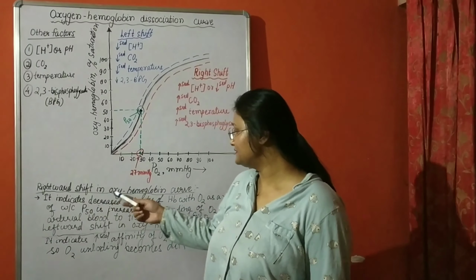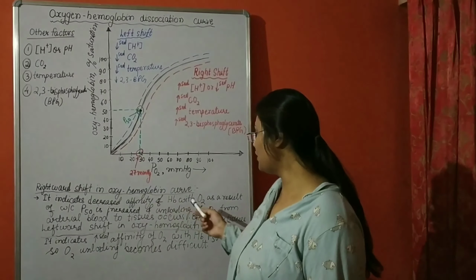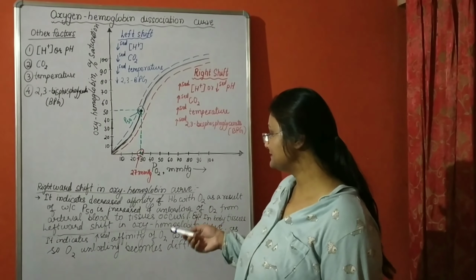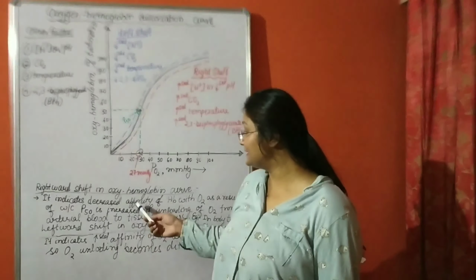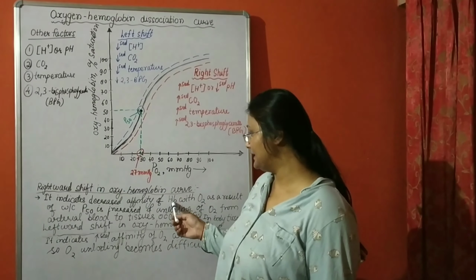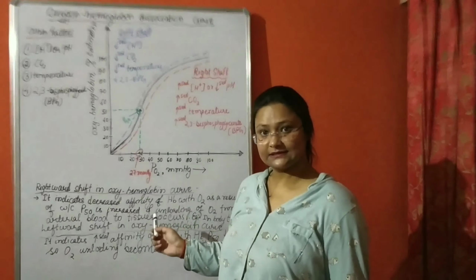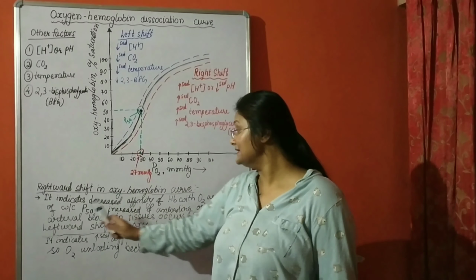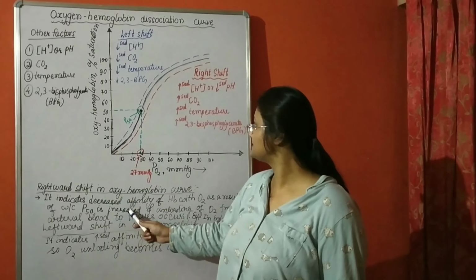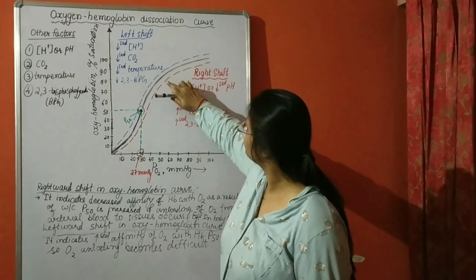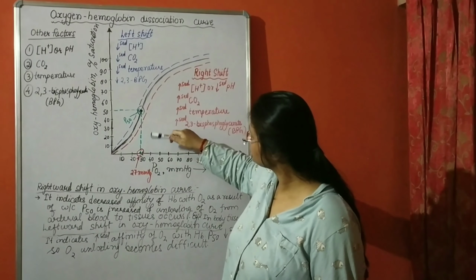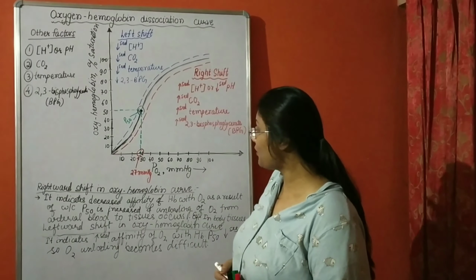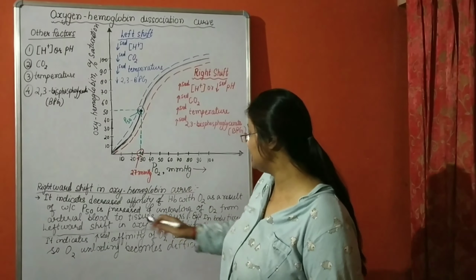The rightward shift in oxy-hemoglobin curve indicates decreased affinity of hemoglobin with oxygen. Due to this, P50 is increased. Like this is the rightward shift in red color. At this point of time, the P50 is increased.